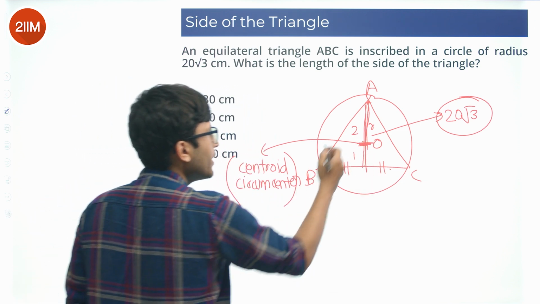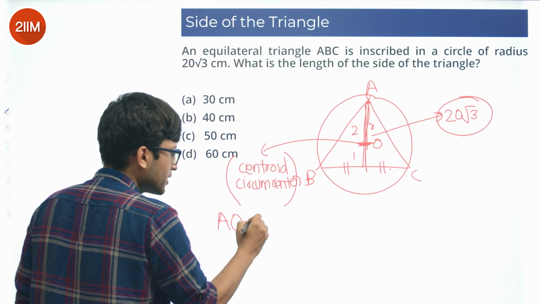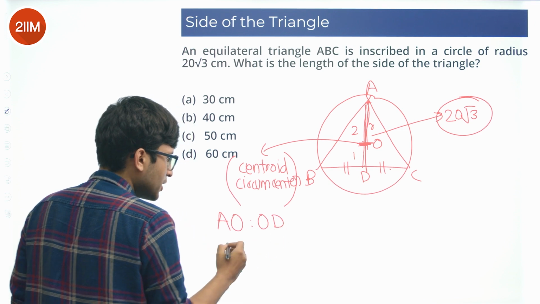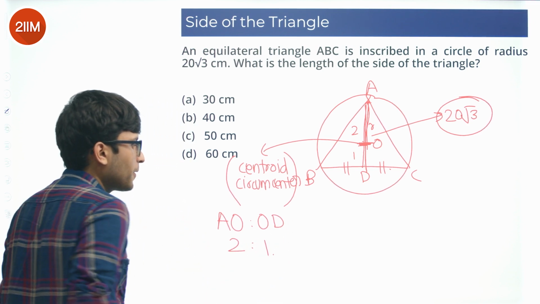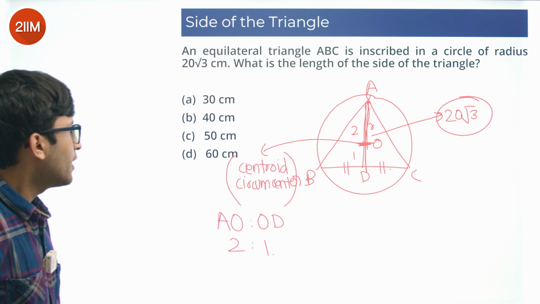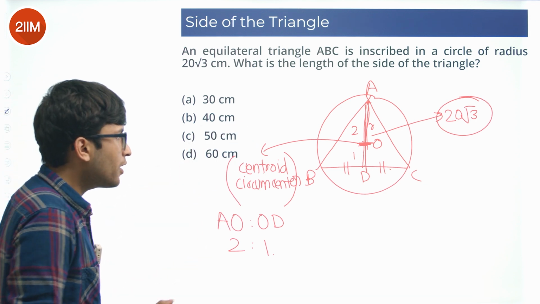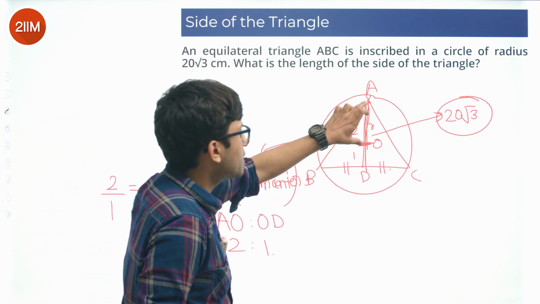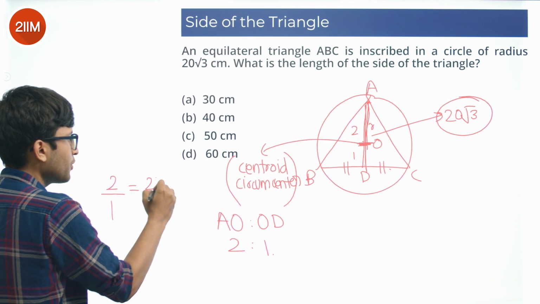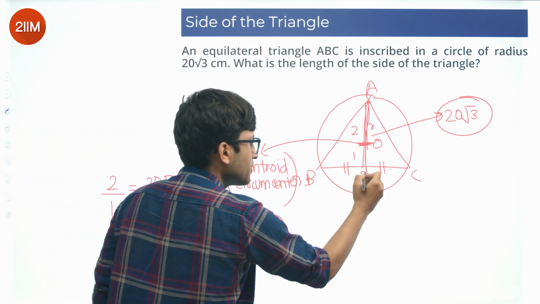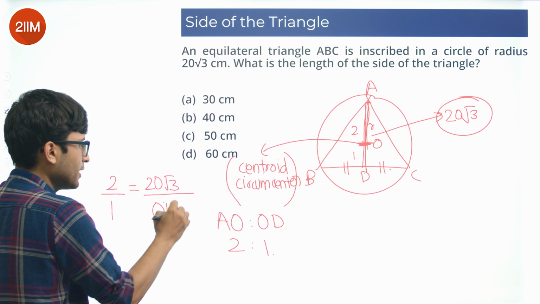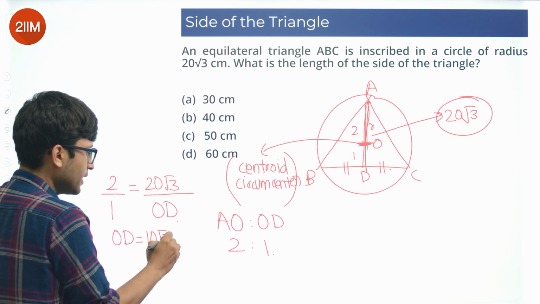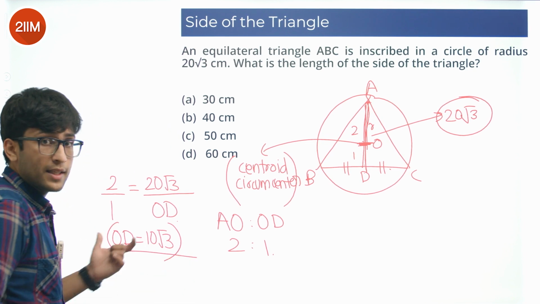Let's call the foot of the median D. So AO to OD is in the ratio 2:1, where the 2 stands for 20 root 3. Then let's find the value of OD. The value of OD will be equal to 10 root 3.